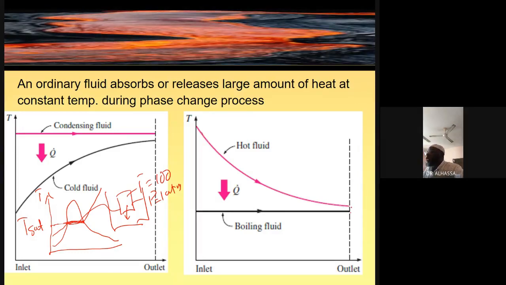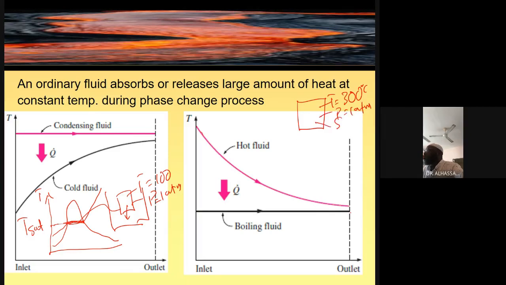So this is for a situation where you have, let's say, superheated fluid, temperature equals 300 degrees Celsius, pressure equals 1 atm.